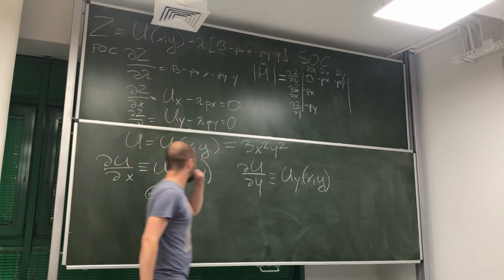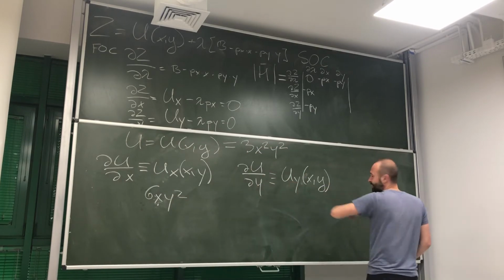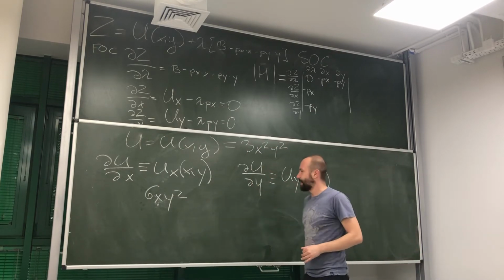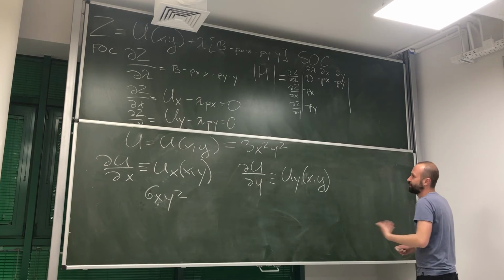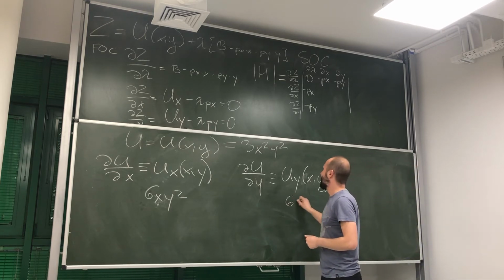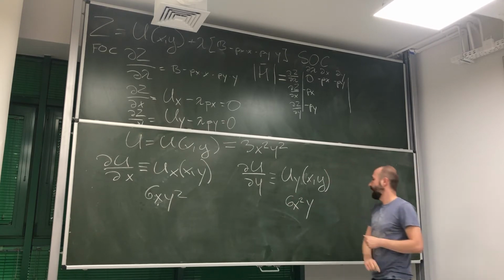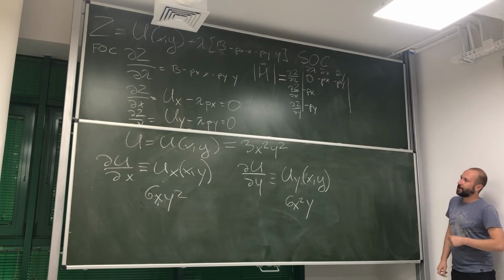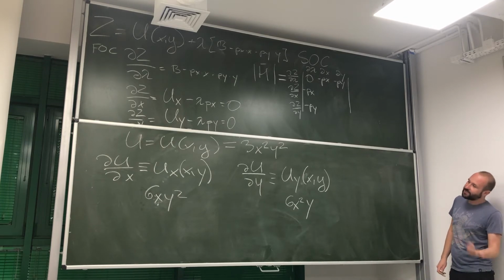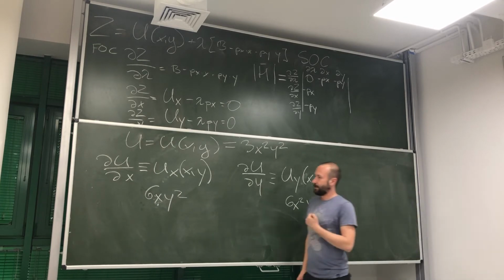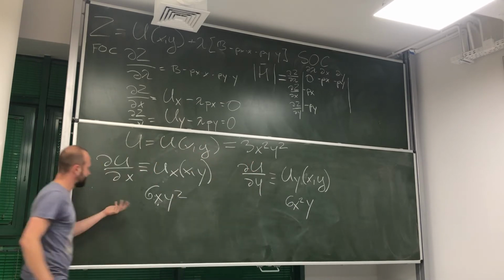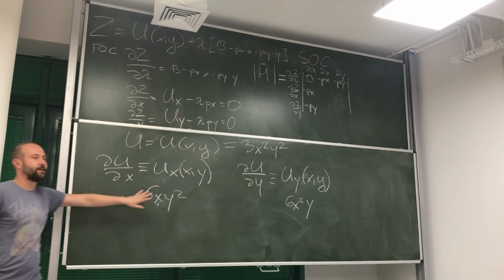What is the marginal utility with respect to y? Well, it's 6x squared y. Look, in both of these cases, we see that even though this is a derivative with respect to x, it contains y.